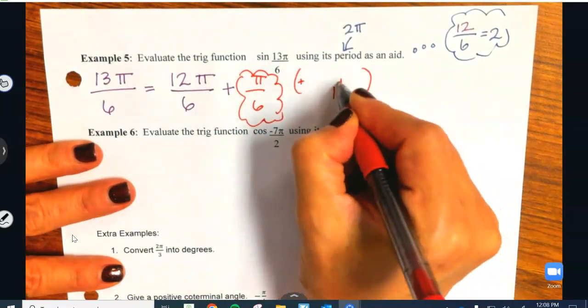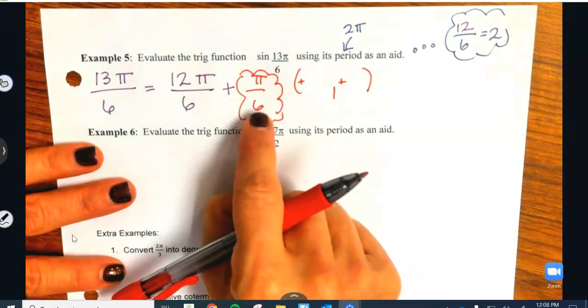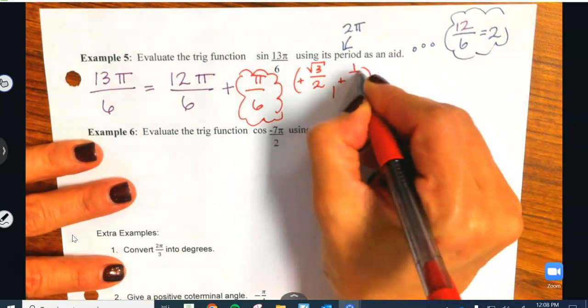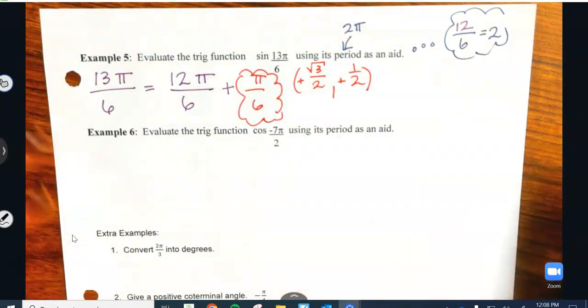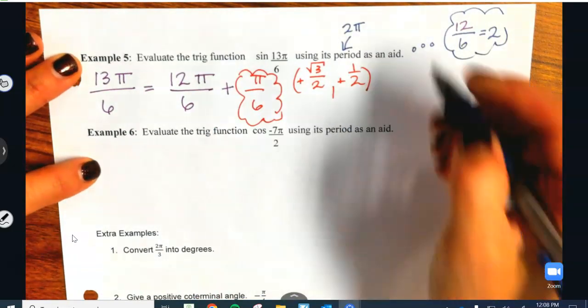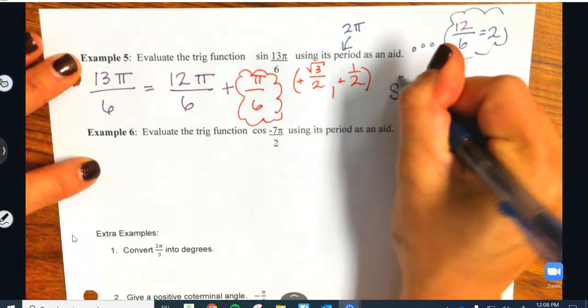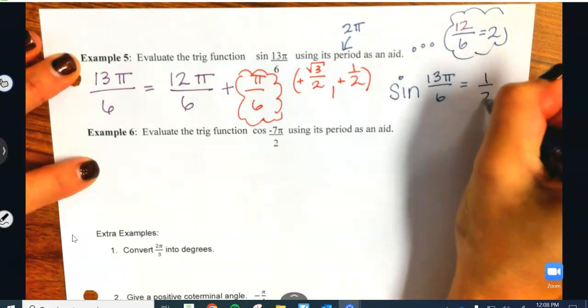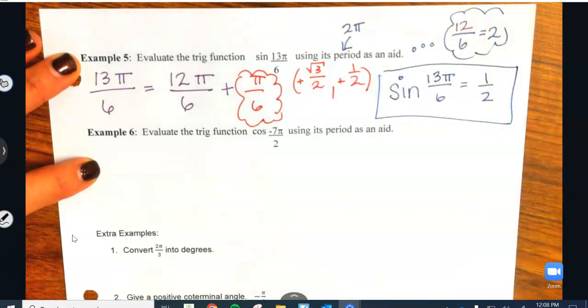I know both of these are positive. And remember, if that ends in a 6, that's going to be root 3 over 2, and this one is going to be 1/2. So what is sine of 13 pi over 6? 1/2. That's it. That's the answer.